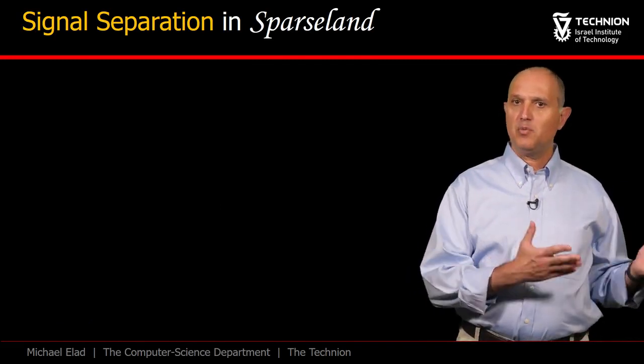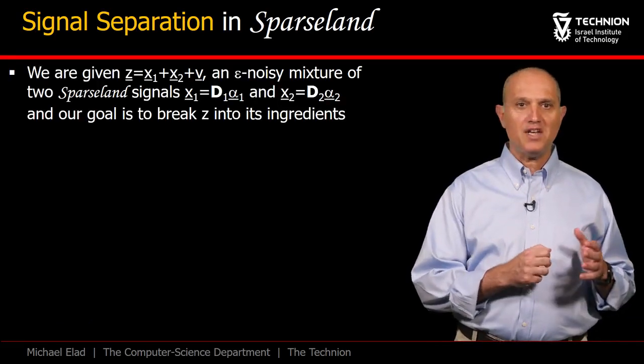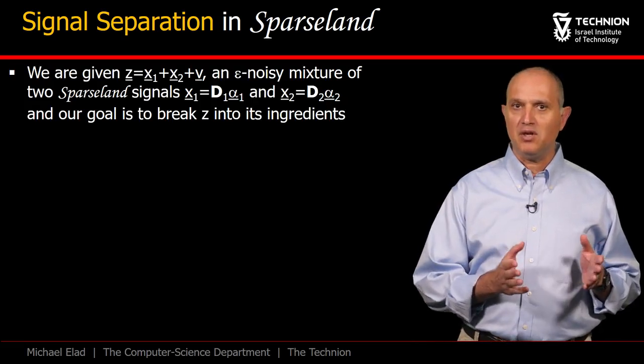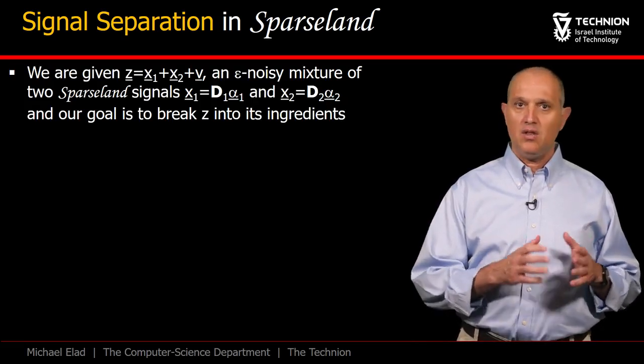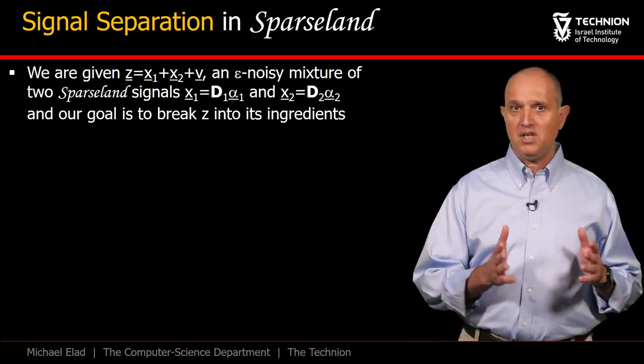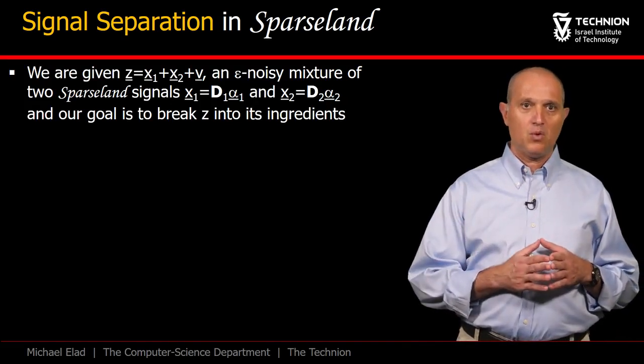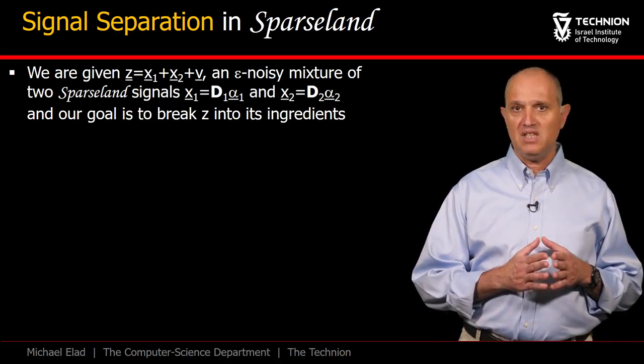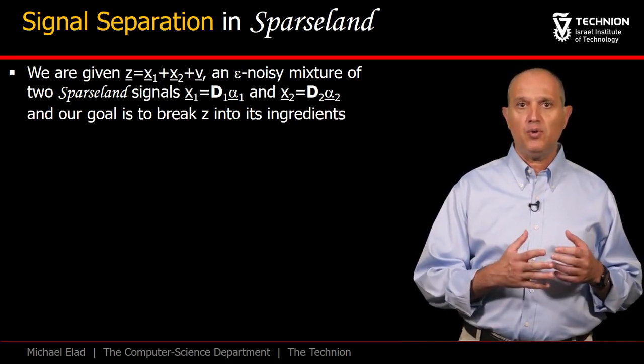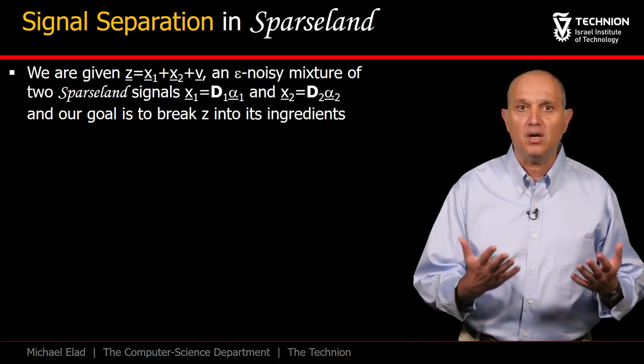Let's talk about signal separation, shall we? X1 and X2 are two SparseLand signals emerging from two different models, the first using D1 and the second using D2 as their corresponding dictionaries. We get a noisy sum of them, Z, and our goal is to decompose this signal into its three parts.